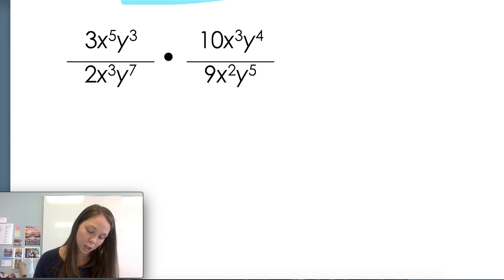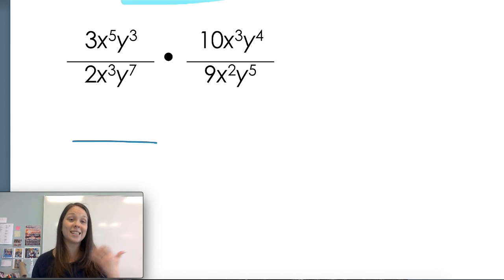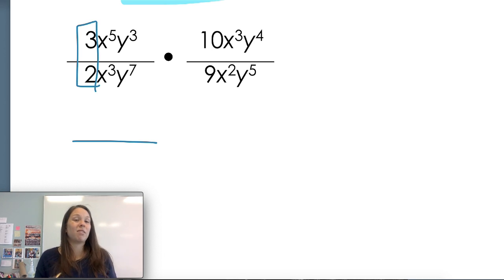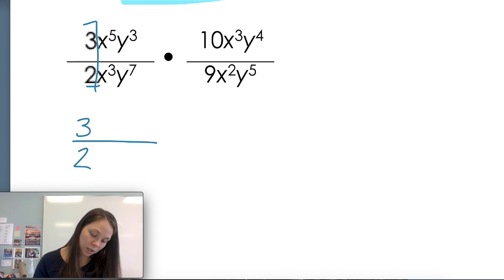Looking at this first fraction, I'm going to break it down by first looking at my constants and then my variables. So I have this 3 over 2. That can't be simplified at all, so it's just going to stay 3 over 2. Alright, next, and I'm actually going to stick to using highlighter. Let's look at the x variable.